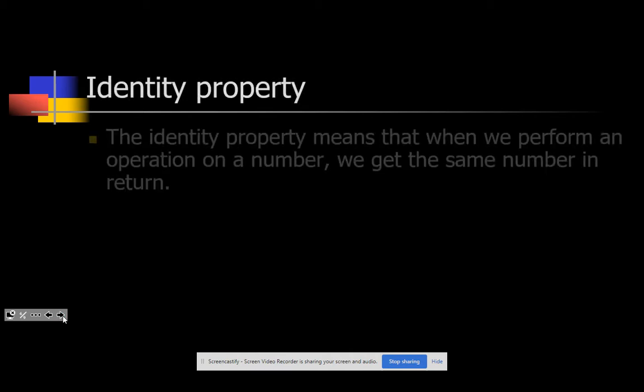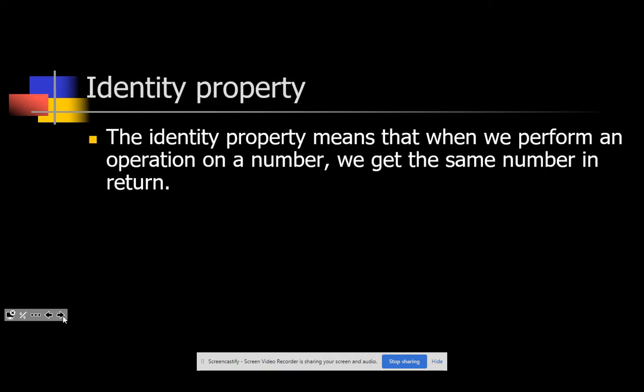The identity property means that we perform an operation on a certain number or variable, and we get the same number in return. This happens in all 4 operations. For example, with addition and subtraction, adding 0 or subtracting 0 gives us the same number in return.